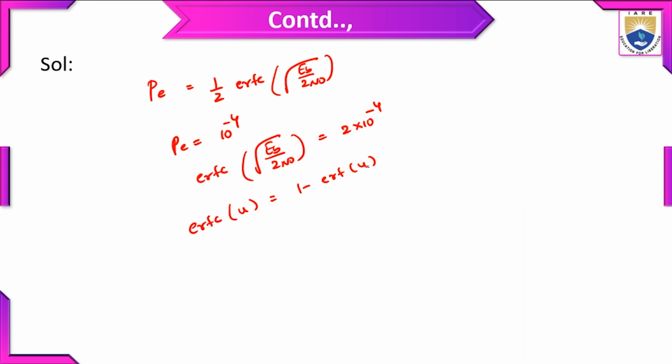So this is the error complementary function. erfc means error complementary function of u is equal to 1 minus error function of u. Okay. So square root of Eb by 2N0 is equal to 2.7. So Eb by 2N0 is equal to 7.29.